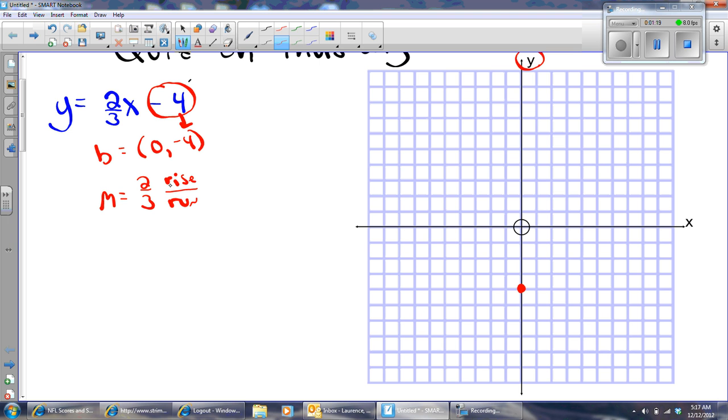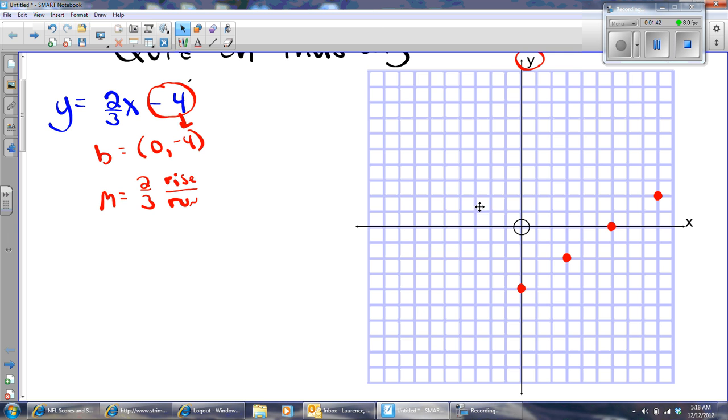Rise 2, run 3. So what we're going to do is rise 1, 2, run 1, 2, 3. Okay, and from that new point, we can rise 2, run 1, 2, 3. I can do it again if I want. You know, usually 3 points is enough to make a good line, but there we go.